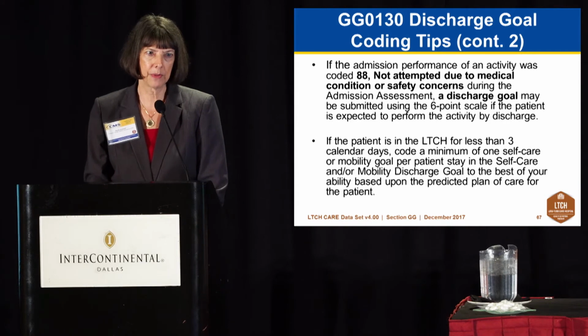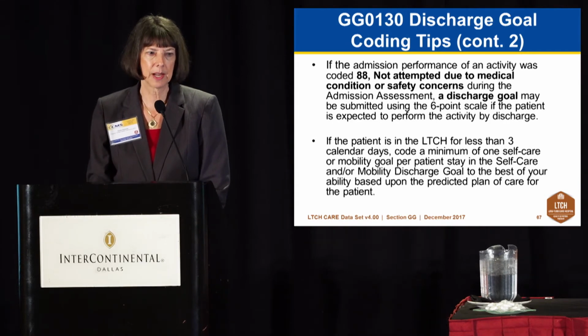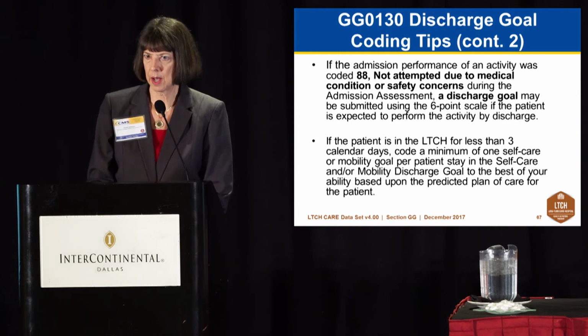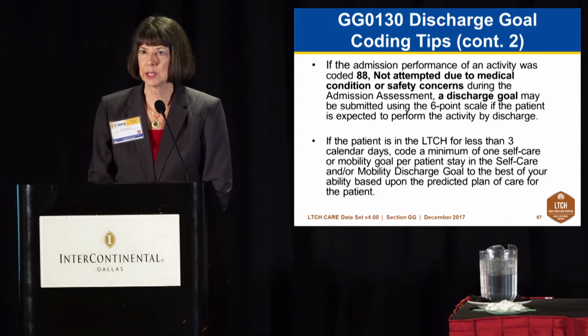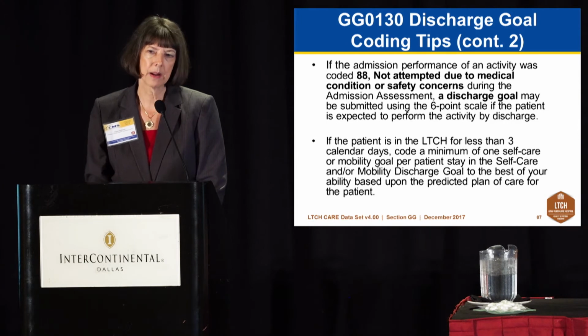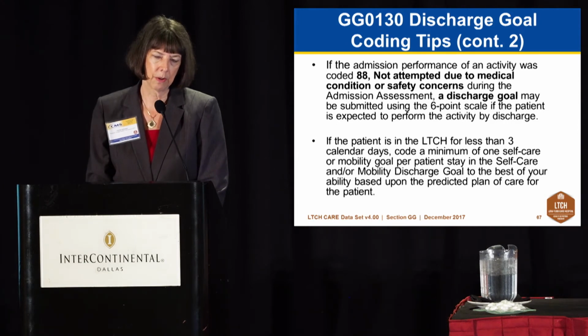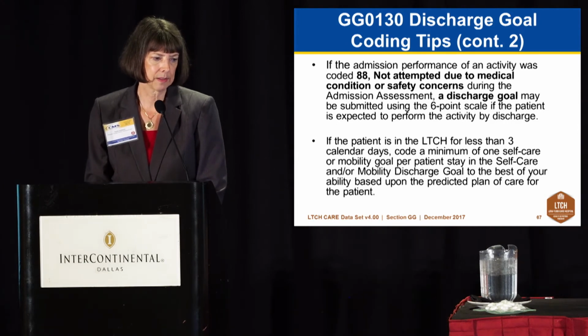So if you have a patient who did not perform the activity, it wasn't safe for them to do it at admission, but you project that that patient will likely be able to perform that activity at some point, and you project the goal based upon what we just talked about in terms of criteria, that's what you could place into the discharge goal. So that's the 6-point scale that you would use for that discharge goal.